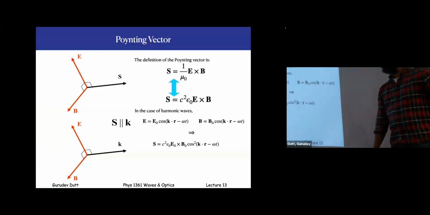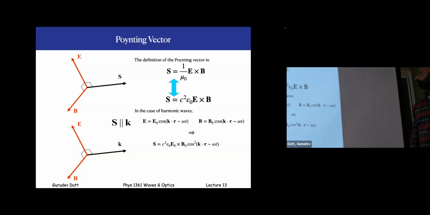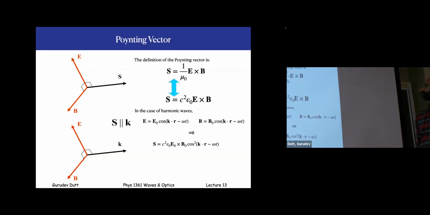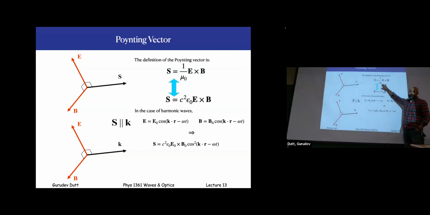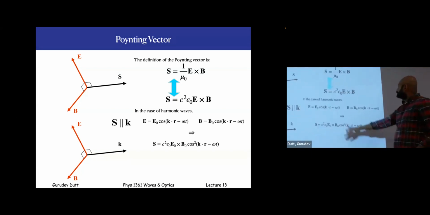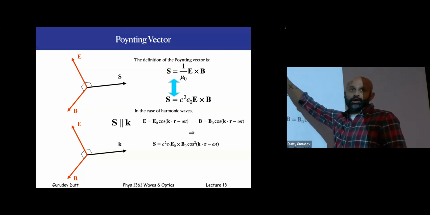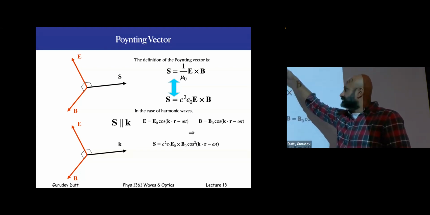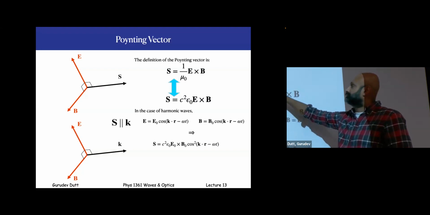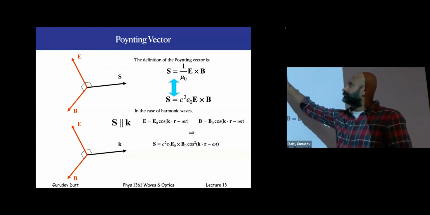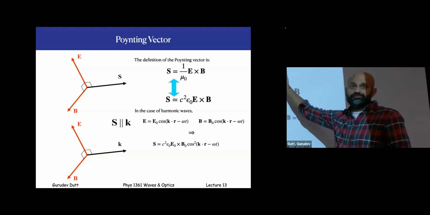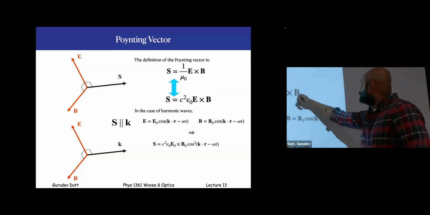Okay, so to do that, we introduce a new vector, which is called the Poynting vector. The definition of the Poynting vector is S equals 1 over mu naught, E cross B. And that is equivalent because 1 over mu naught epsilon naught is simply the velocity of light squared, c squared. If it's in a medium, then it'll be 1 over mu times epsilon equals v squared, where v is the velocity.